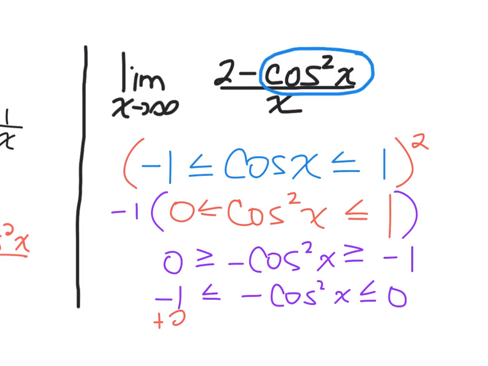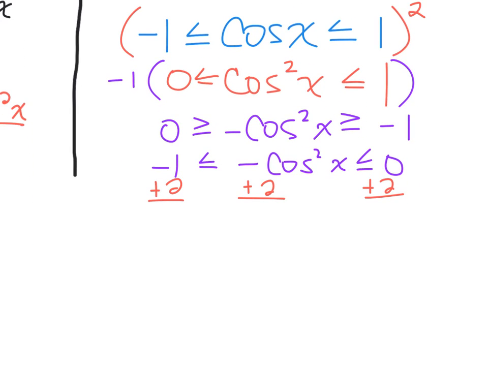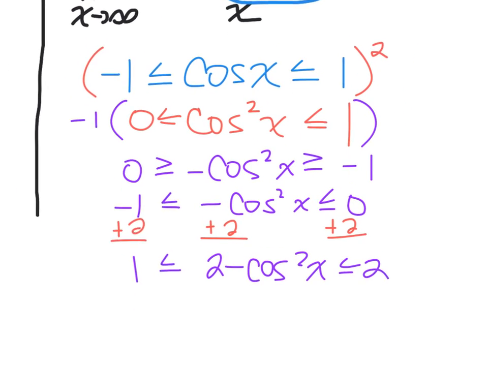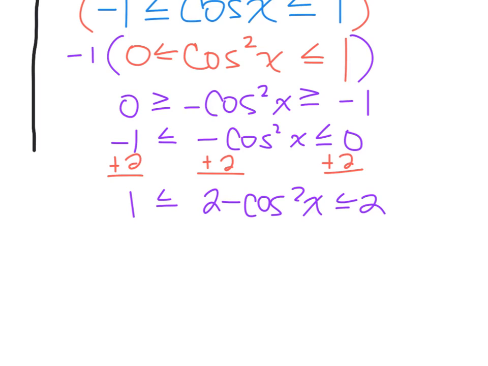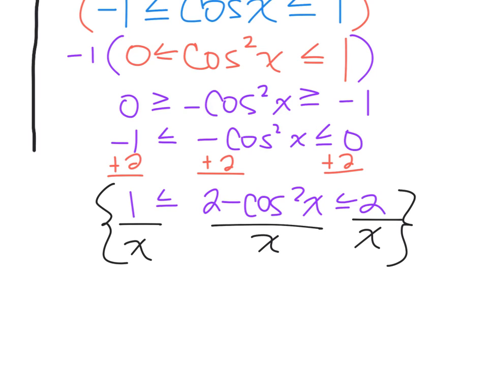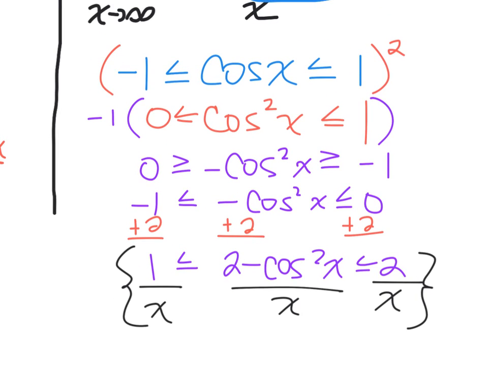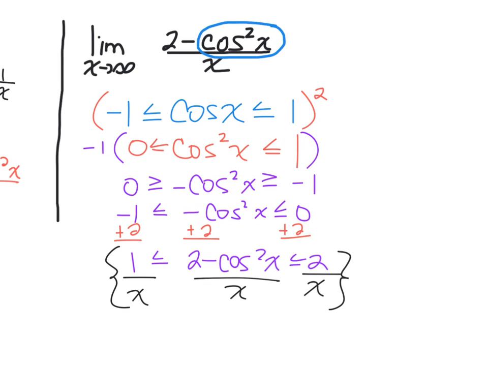Add a 2 to every part. So 1 is less than or equal to 2 minus cosine squared x, which is less than or equal to 2. Then we're dividing everything by x, and then applying the limit.